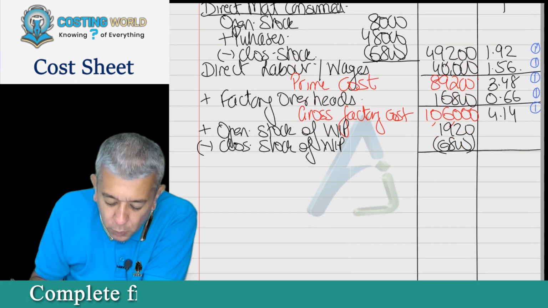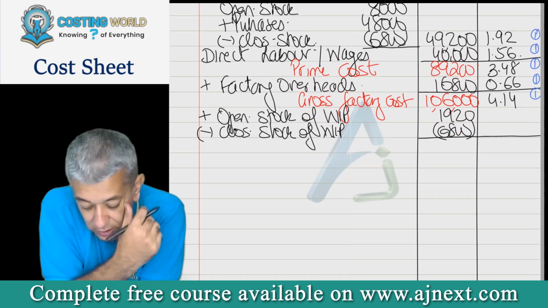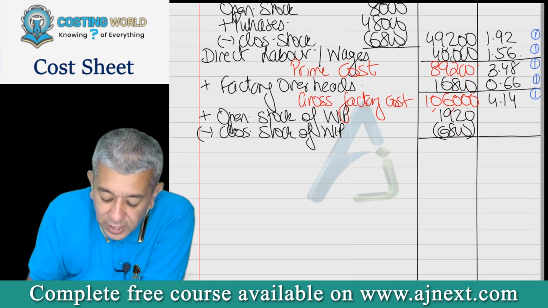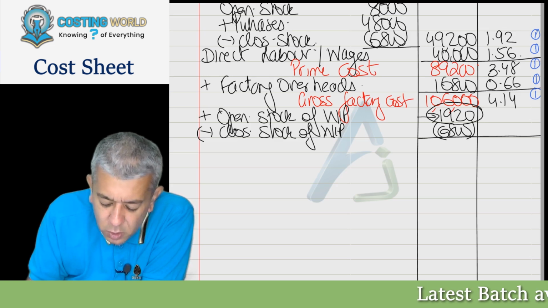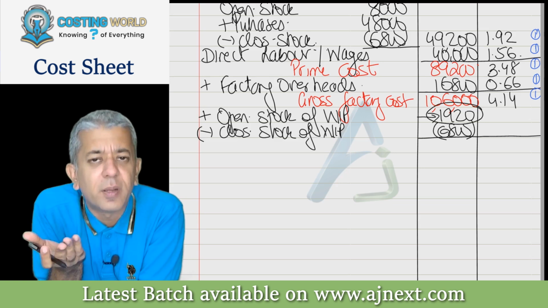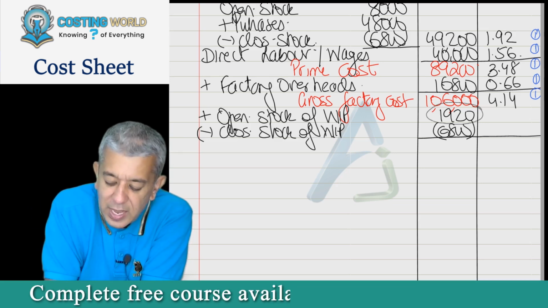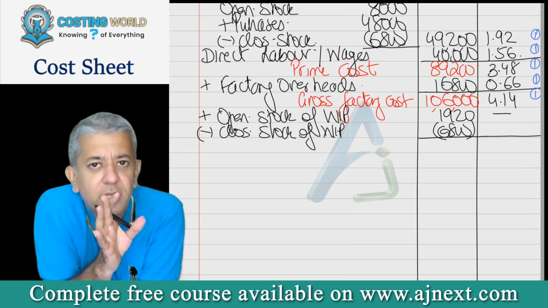Boss, this is opening stock of WIP. This is the WIP stock on the first day. Sir, then what it should be divided with? It should be divided by, see, this is the cost of opening WIP. No, it should be divided by quantity of opening WIP. Obviously, WIP quantities are not there. Hence, we are going to be putting dash over here. You all understood this?